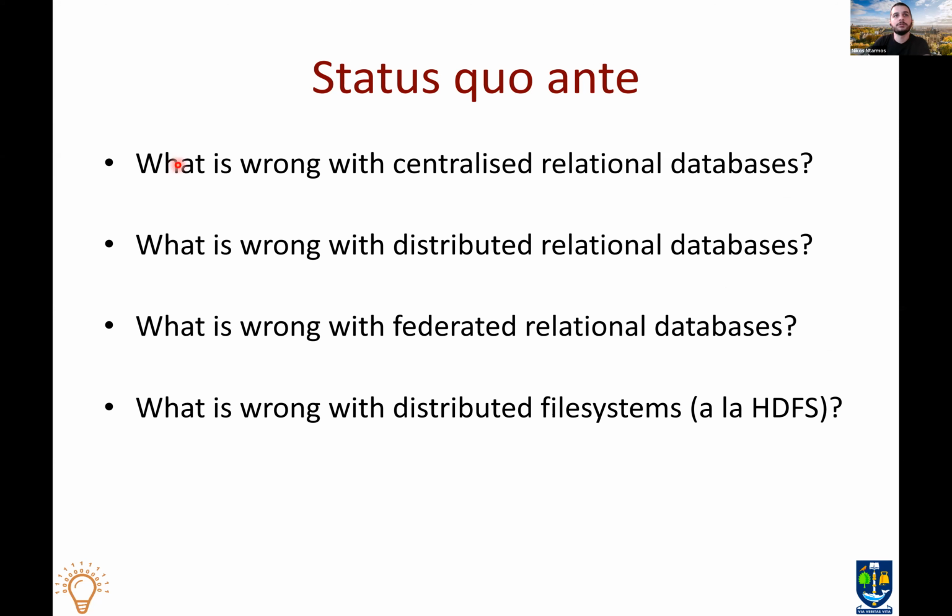Centralized or distributed or federated relational databases are not really good at that because they are designed to offer consistency. And in a distributed system like this, we know that consistency and availability are not really good friends. So let's put all of the relational offerings on the side.